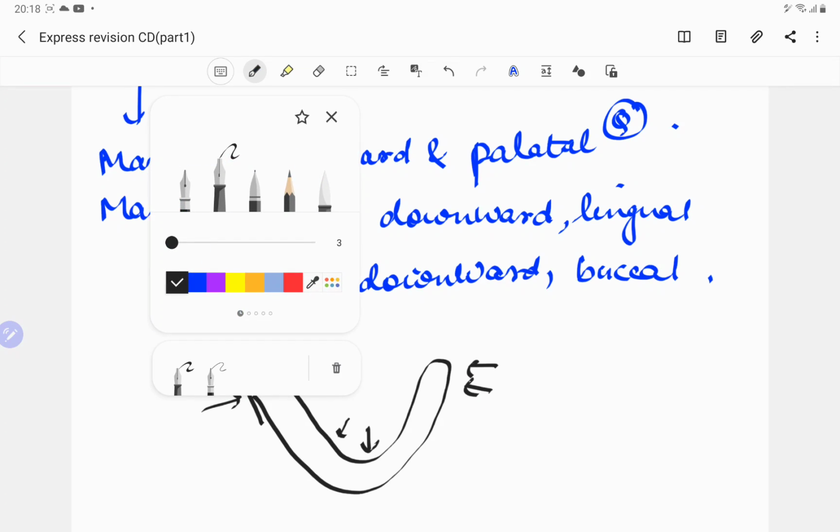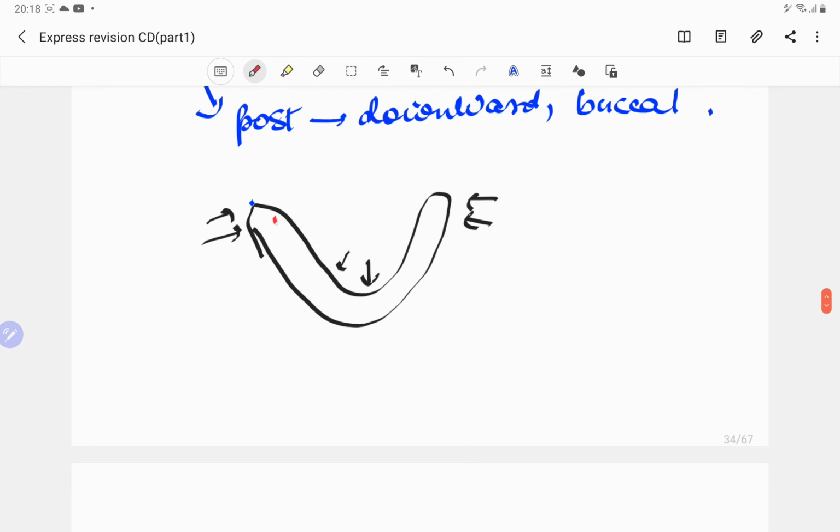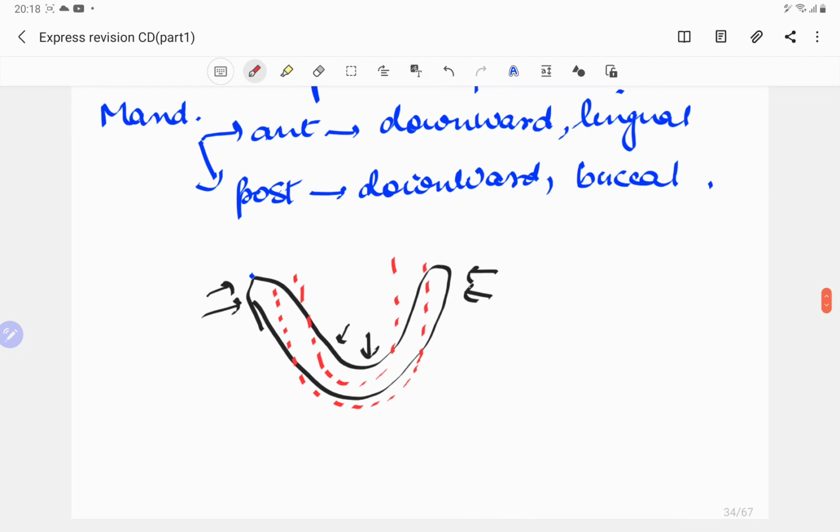The resultant after the residual ridge resorption, the mandible will be like this, right? So there is going to be the prognathic profile of the mandible. Actually it's not like this.